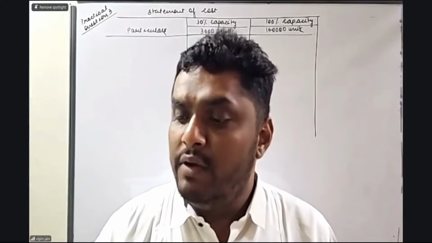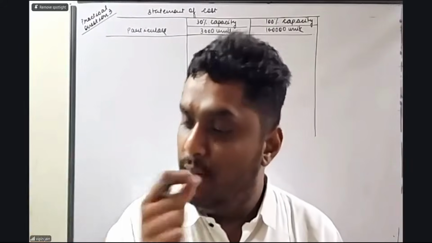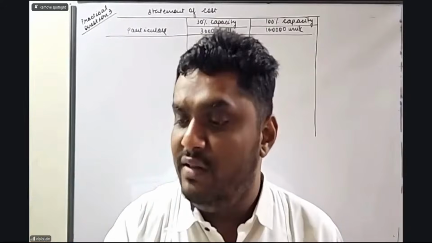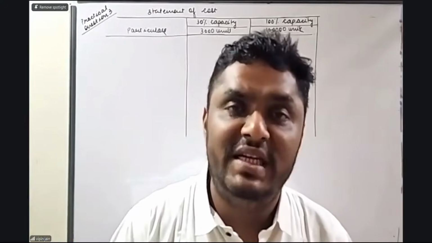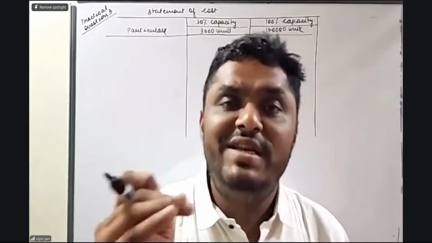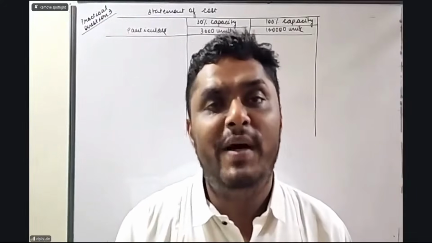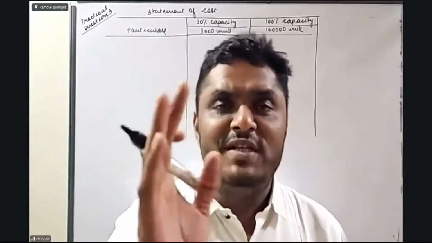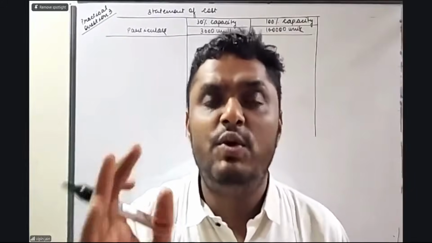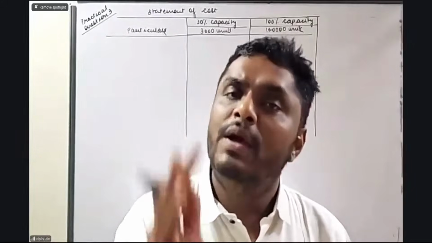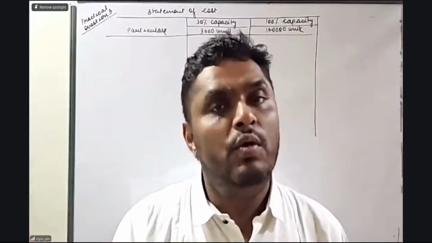Read the question: prepare a cost sheet for the month showing the cost and profit at 30% and 100% capacity level. The question has nowhere mentioned that you have to calculate the per unit cost. So if this type of question comes in exams, you can ignore the per unit column.